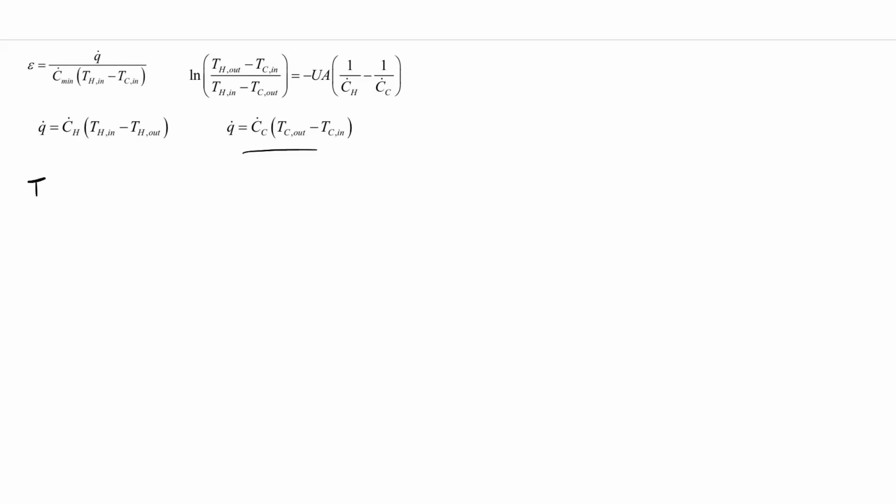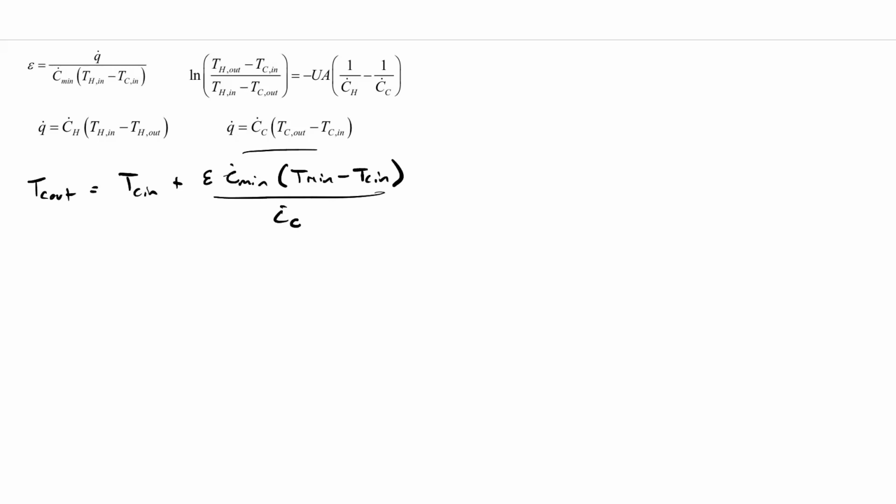We'll solve for that, and it becomes TC out is equal to TC in. Now let's use our definition of effectiveness and rewrite that equation with effectiveness in there. So that's going to be effectiveness times C dot min times TH in minus TC in, divided by C dot C. So it's the same equation now, just written in terms of effectiveness.